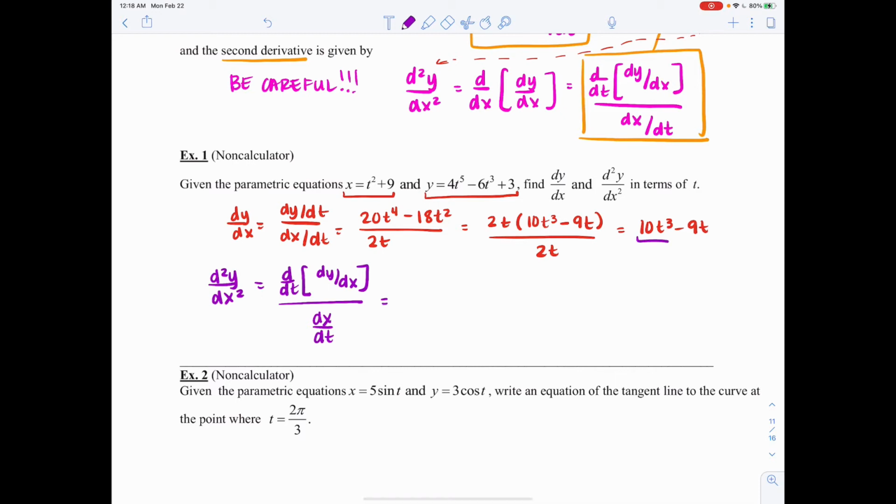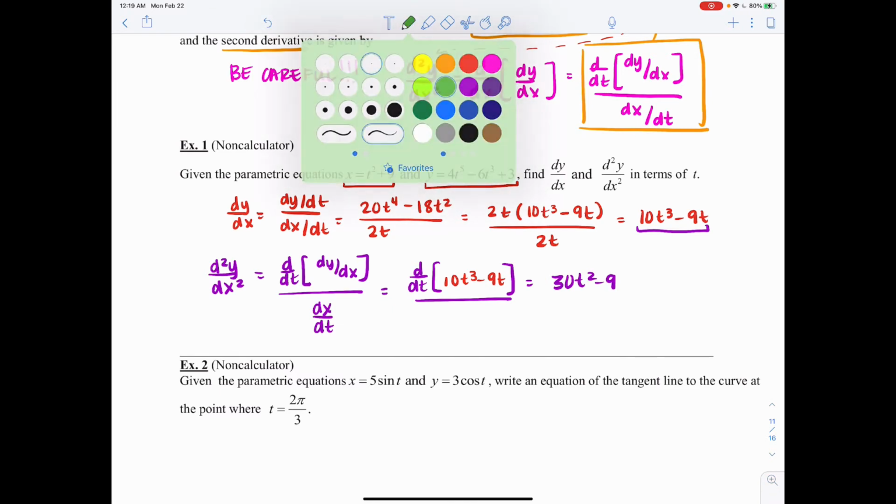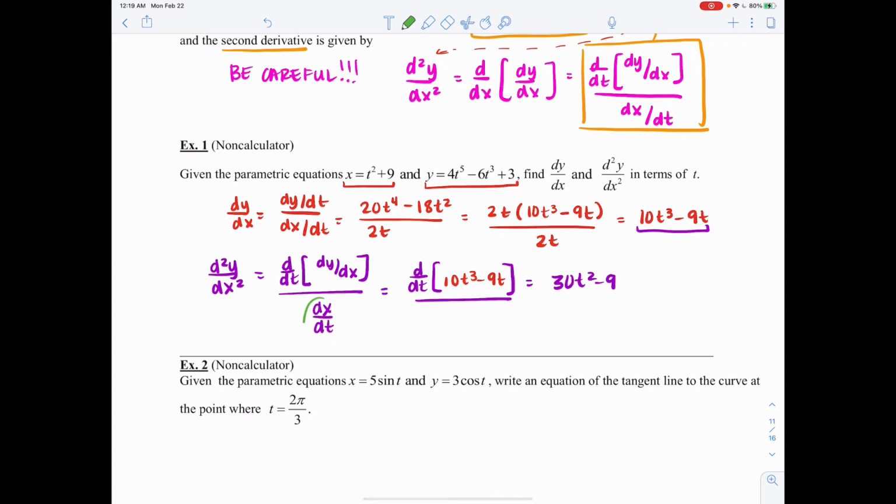I'm going to take the derivative of this thing, d dt of 10t cubed minus 9t. So I'm going to take the derivative of that, and that will give me 30t squared minus 9. But you are dividing it by dx dt, which is 2t, again.